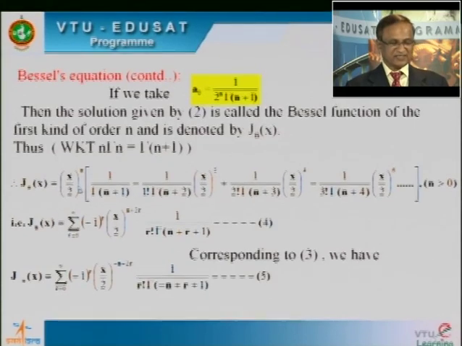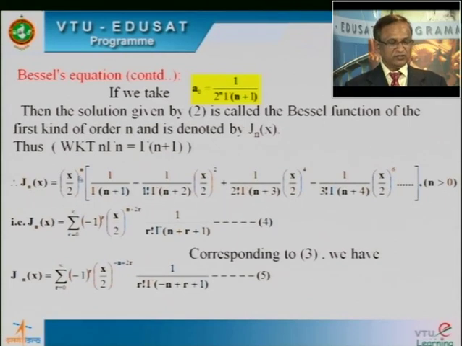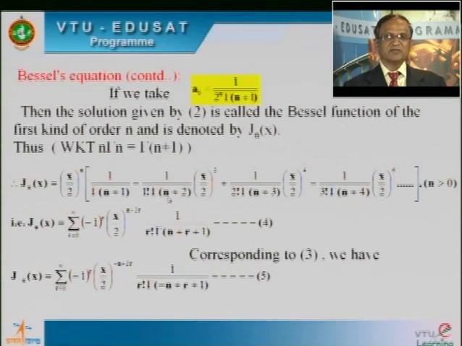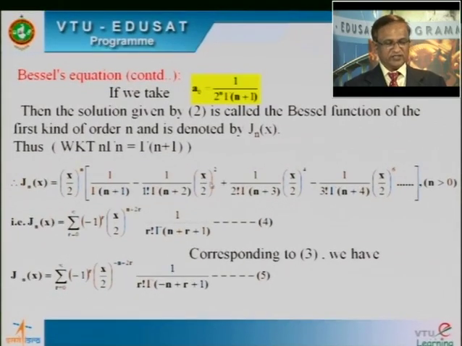So we can rewrite it as Jₙ(x) = (x/2)^n is common from all the terms, you can take it out, and in the bracket we can write 1/Γ(n+1) − (1/(1! Γ(n+2)))(x/2)² + (1/(2! Γ(n+3)))(x/2)⁴ − (1/(3! Γ(n+4)))(x/2)⁶ and so on.